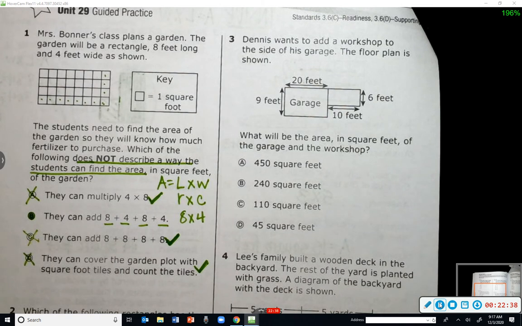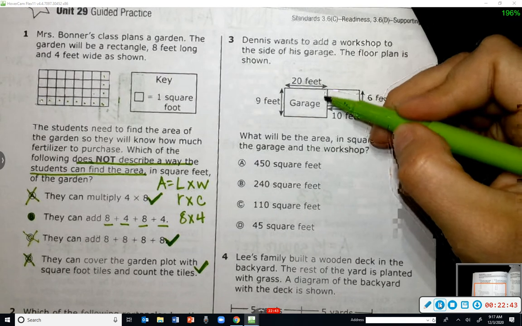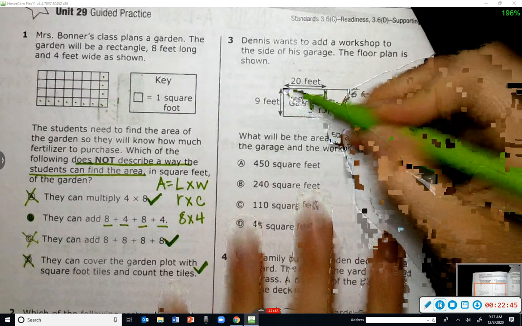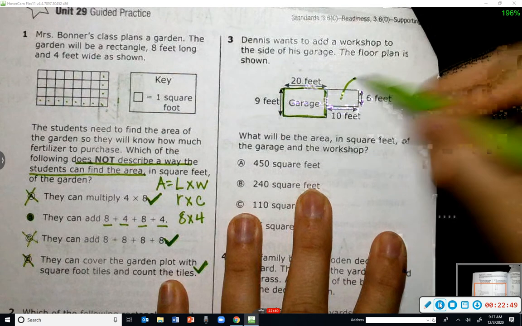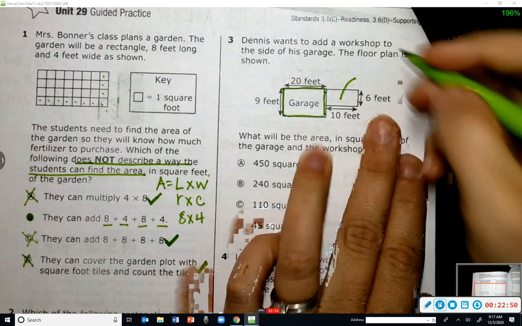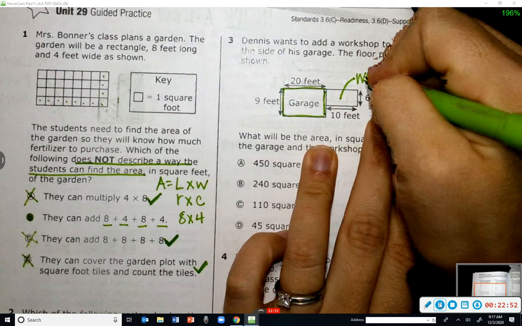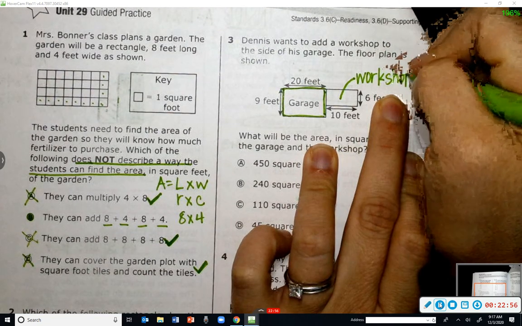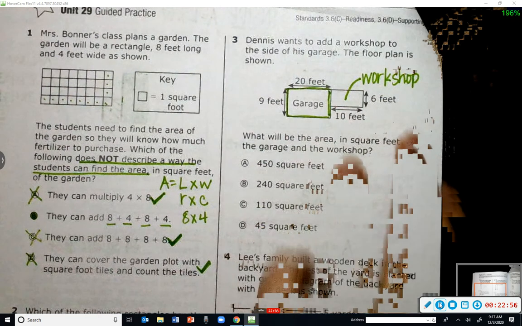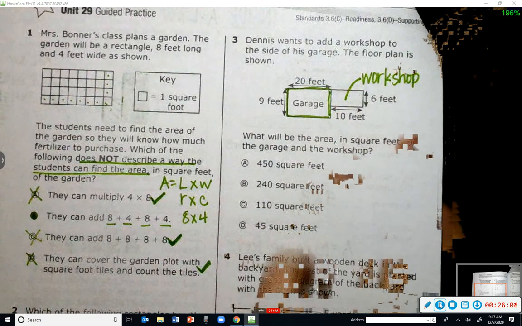So he's adding a workshop to his garage. We see that this is the garage right here. So what does this have to be? That has to be the workshop. Good. Do we need to find the area of one of them or both of them? Both. Okay.